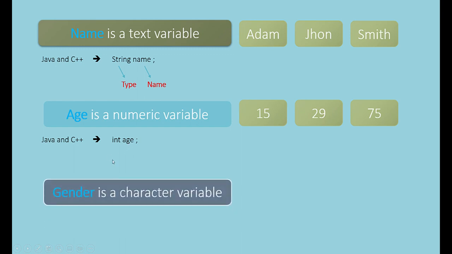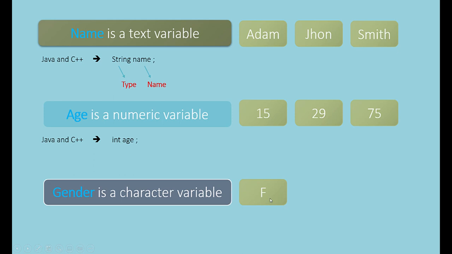Another variable type is character. Let's say you are going to make a form where you get some information related to a person, like gender, age, or other things. Looking at gender, the person has to enter F or M, right? Female or male. In that case, we use a character, because a character holds only one symbol out of 255.